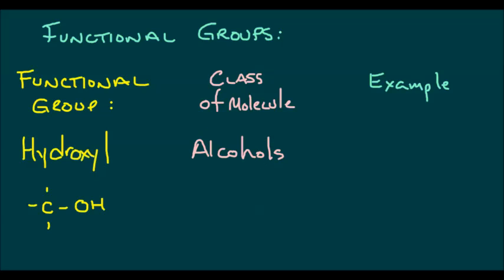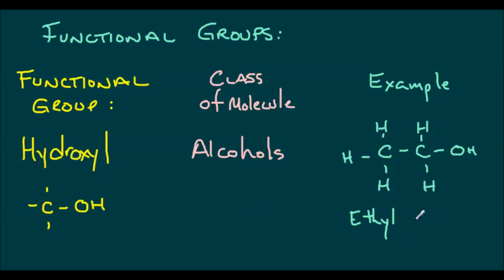A perfect example of an alcohol is the very common ethanol, or ethyl alcohol, and that is seen with two carbons, a hydroxyl group, and the rest of the carbon bonds filled in with hydrogen. Okay, this is called ethyl alcohol, and that's the alcohol of alcoholic beverages.